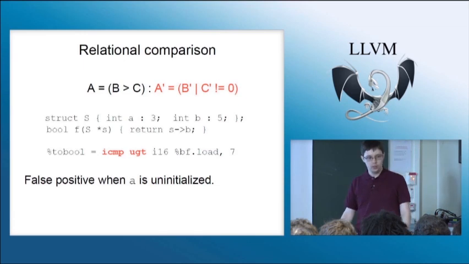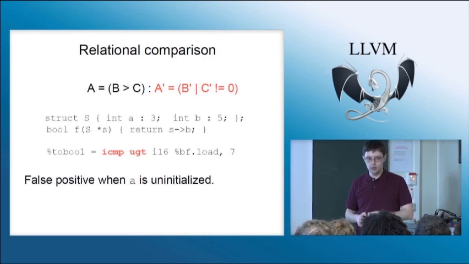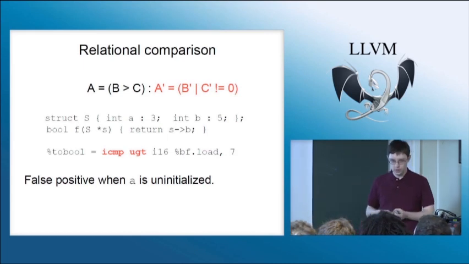One tricky instruction is a relational comparison. One would think that it doesn't make sense to relationally compare two values when at least one of them is not fully initialized. But it turns out sometimes this is a valid operation too.